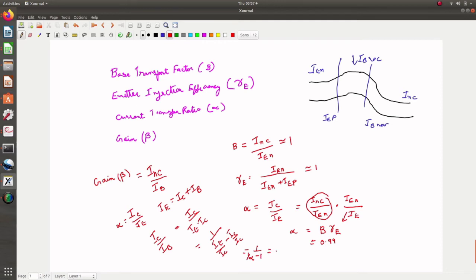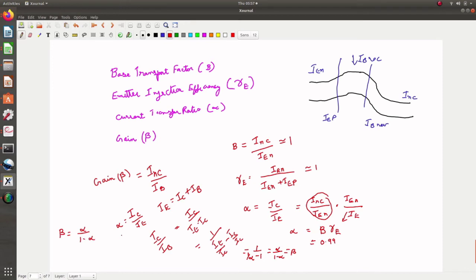Rearranging this, we'll get alpha by 1 minus alpha. This is equal to beta, or in other words, beta is equal to alpha by 1 minus alpha.